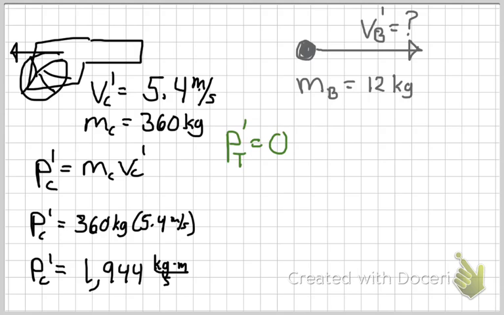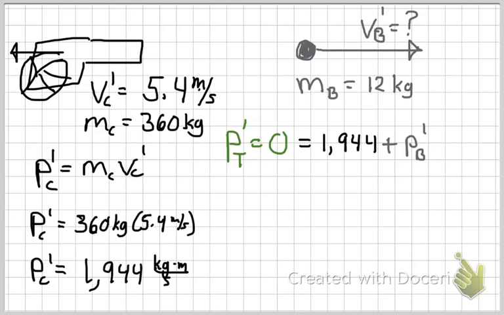Once we have the momentum of the cannon, now we can figure out the momentum of the cannonball. I know that they have to add up to 0. So I'm simply going to say that 0 momentum is equal to 1,944 plus the momentum of the cannonball.